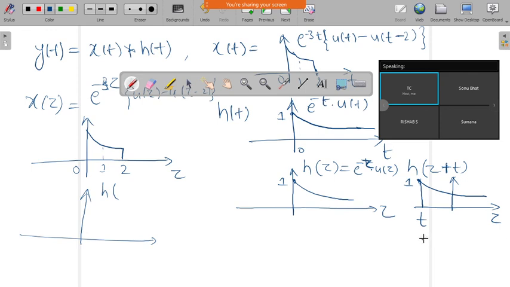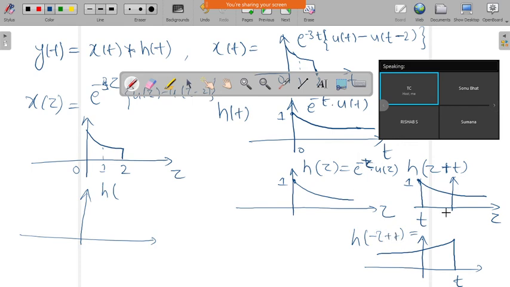Now if I do the reflection, we get the reflected one here, going up to t. Now your h of minus tau plus t: we need to replace tau by minus tau plus t.